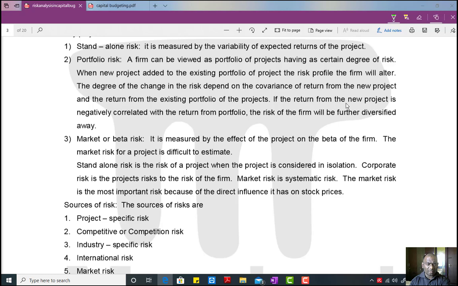Okay, if your project is very much connected to some particular thing in the market, then if the market changes, your asset return or expected cash flow also will change. For example, let us say your project is dependent on government decisions.